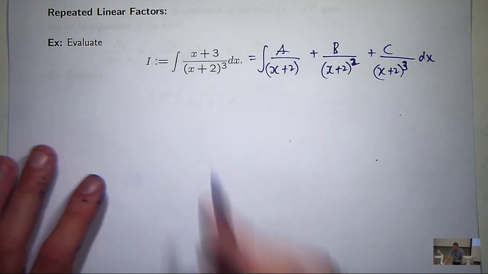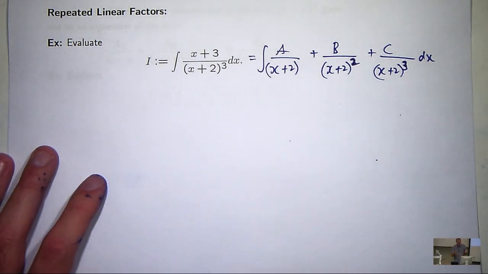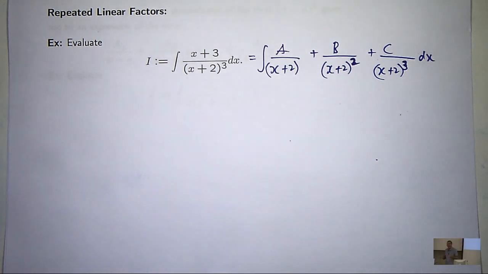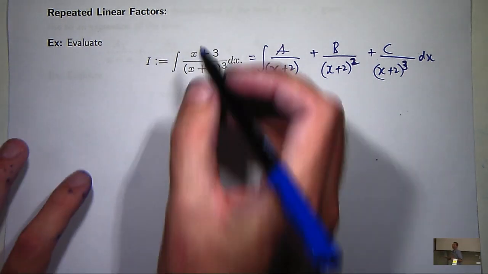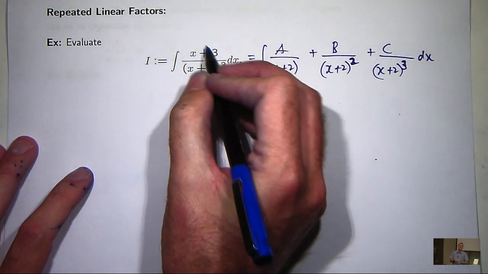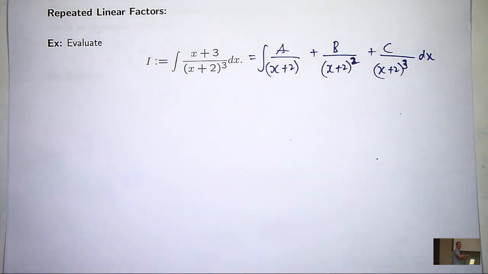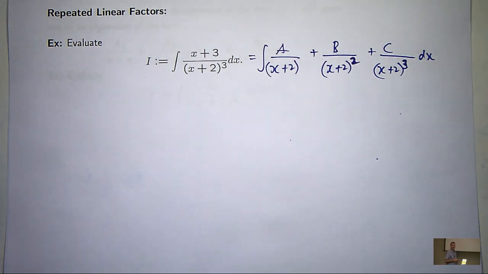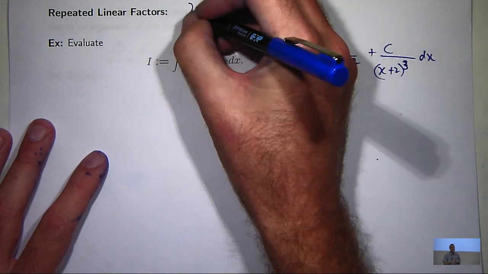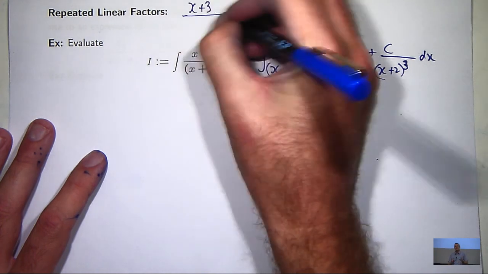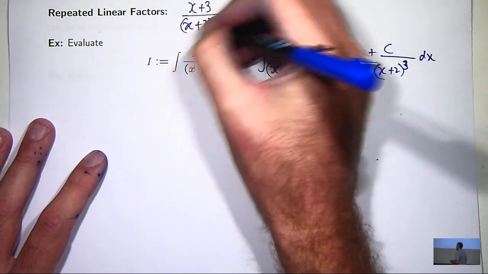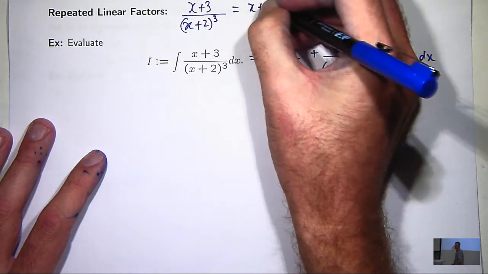Now, it comes down to common sense, okay? Can you see how I can break this up to get something like x plus 2? I can break it up into x plus 2 plus 1 and then break that up, okay? So I can split this up.